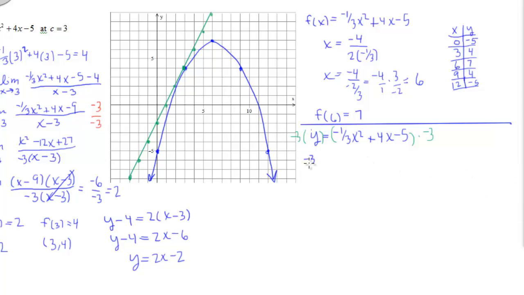So this will be -3y is equal to x squared, which is what we wanted there, minus 12x plus 15. And then you can leave the 15 here and just kind of ignore it, or you can move the 15 over to this side to just get it out of the way, so that when you're completing the square, you're just working with the x squared minus 12x.